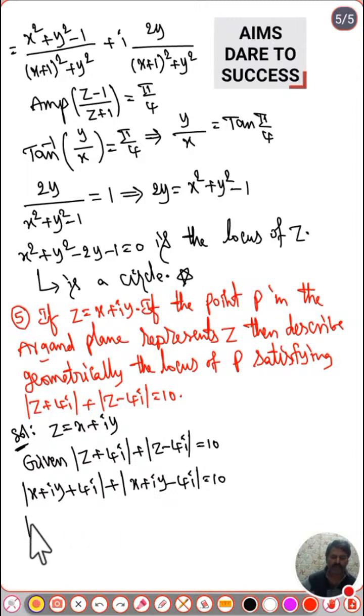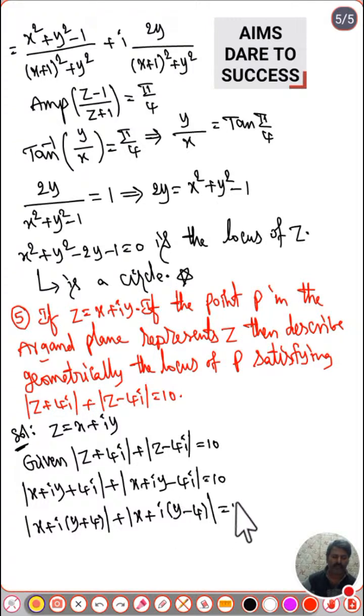Separate real and imaginary values: x plus i common, the remaining value y plus 4, plus mod of x plus i common (y minus 4), is equal to 10.